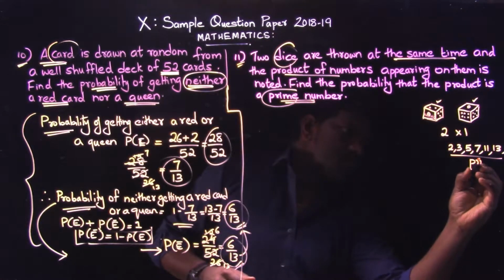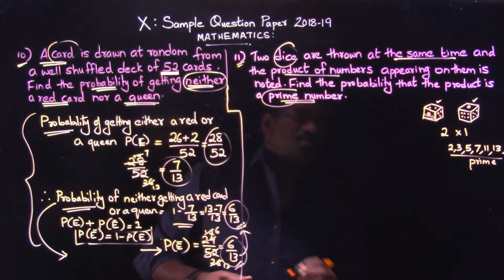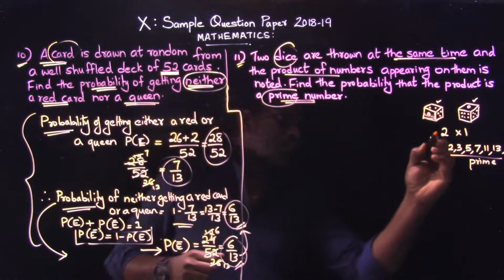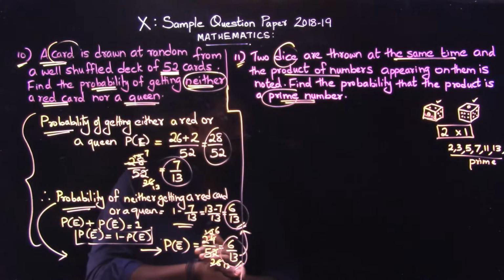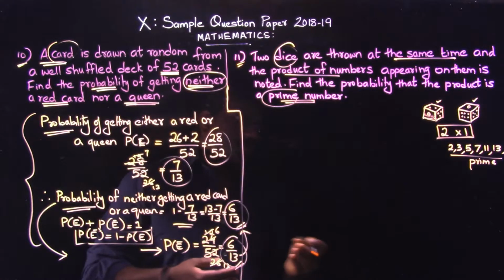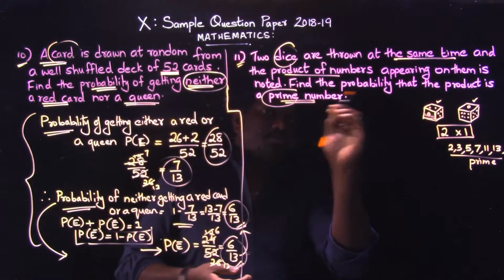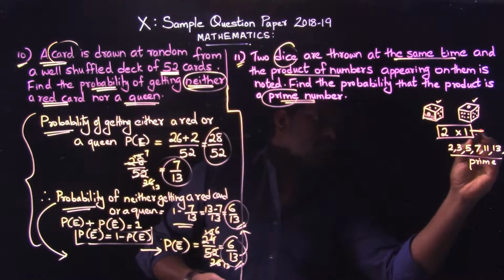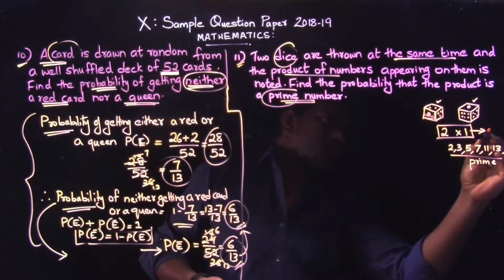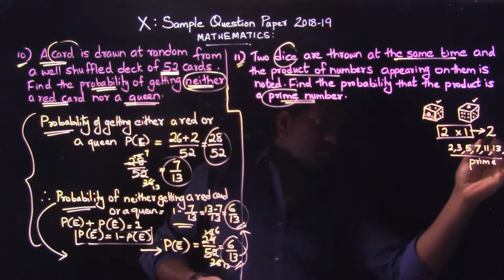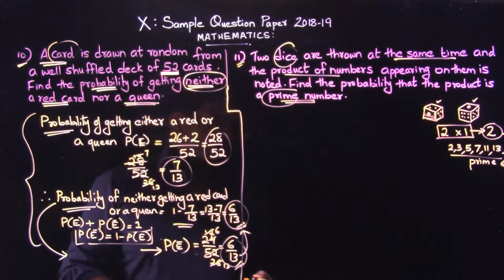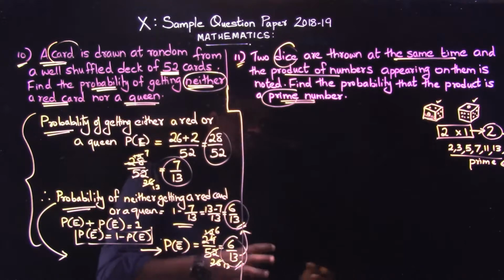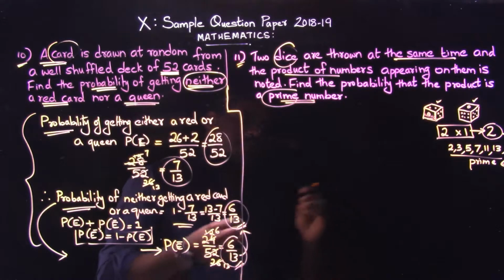Now what is being asked is, when you multiply these two numbers, what is the probability that you would find a prime number? When you multiply 2 and 1, you will get 2. Is that a prime? Yes, it is a prime. Like that, you need to see which outcomes are prime.